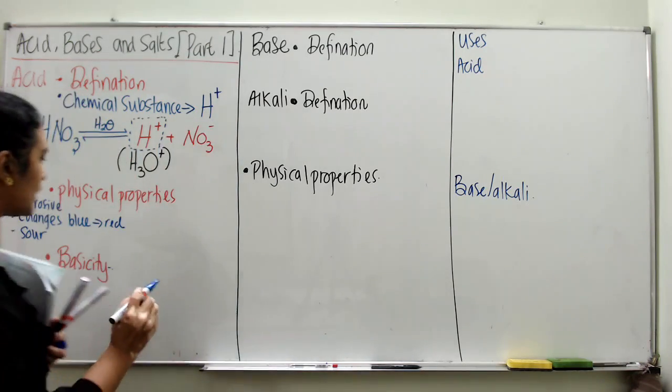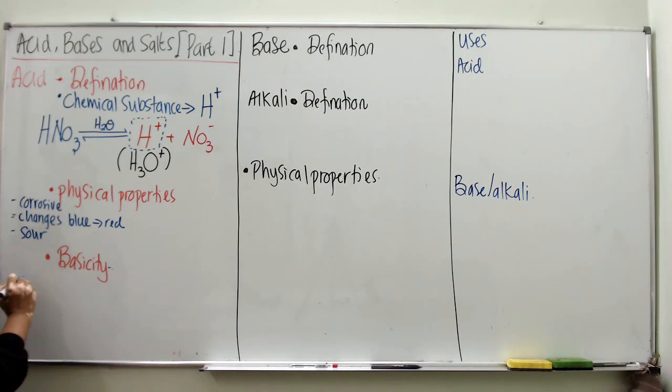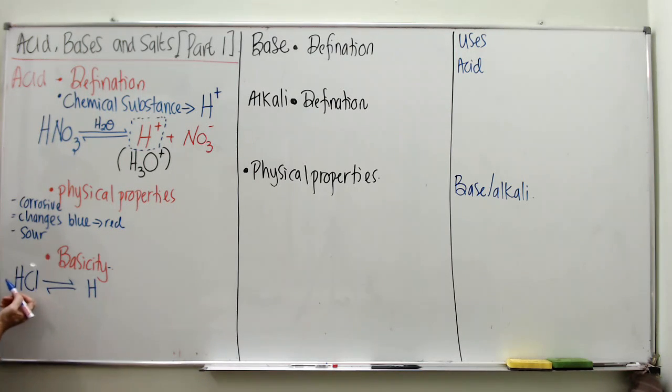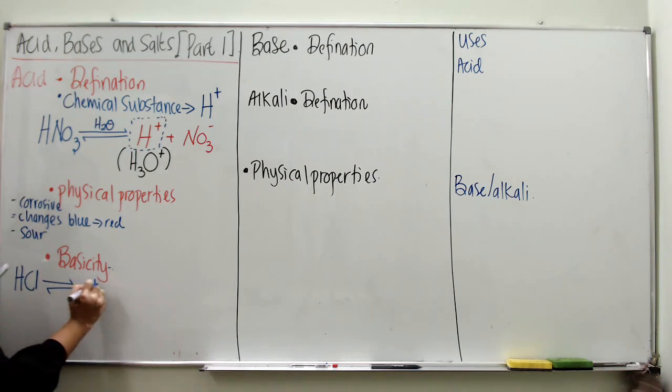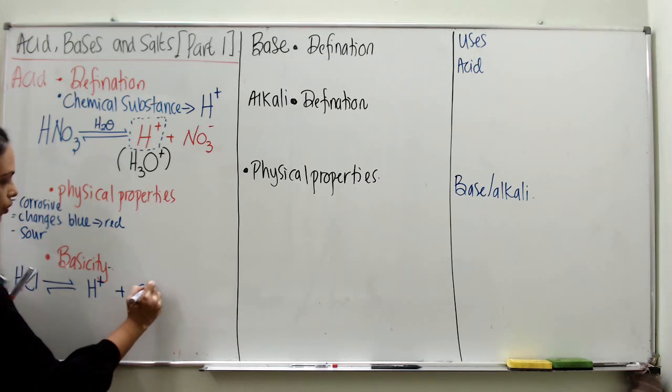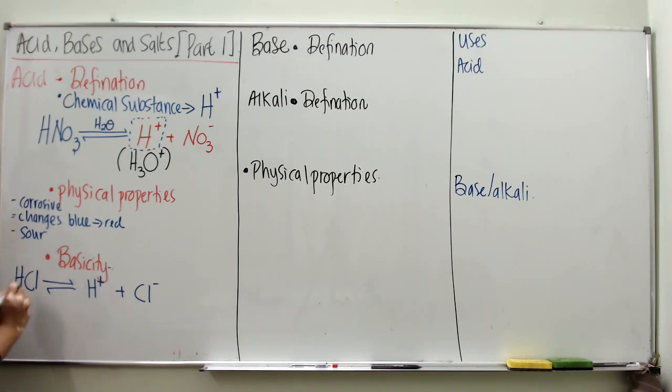For instance, hydrochloric acid. When you dissolve it in water, it ionizes to produce one. Just imagine, if this is 1 mole of hydrochloric acid, you will produce 1 mole of hydrogen ion and 1 mole of chloride ion.